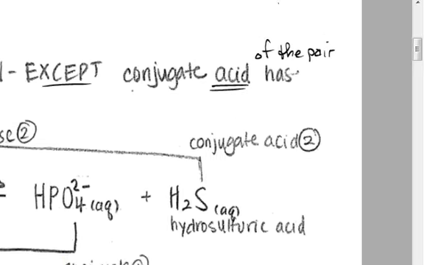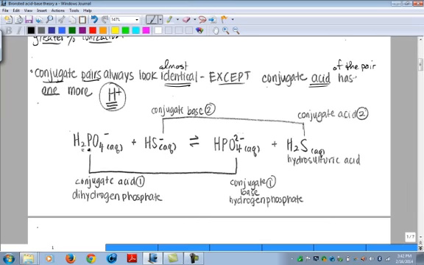So if you look at dihydrogen phosphate anion and hydrogen sulfide anion, they will react together and form their respective conjugates. Hydrogen sulfide anion will turn into hydrosulfuric acid, H2S, and you can see the hydrogen sulfide anion has one less H plus, or the H2S has one more H plus, making it the conjugate acid of the pair to its conjugate base HS minus.